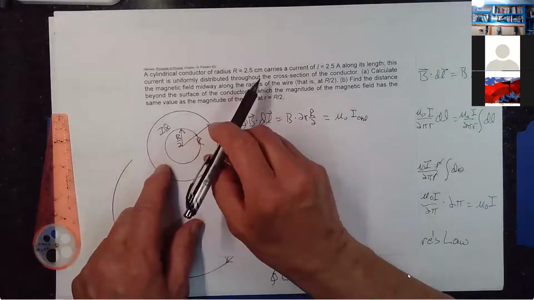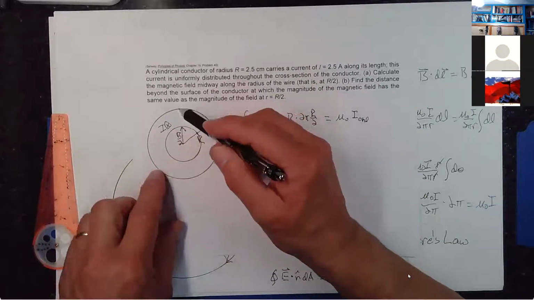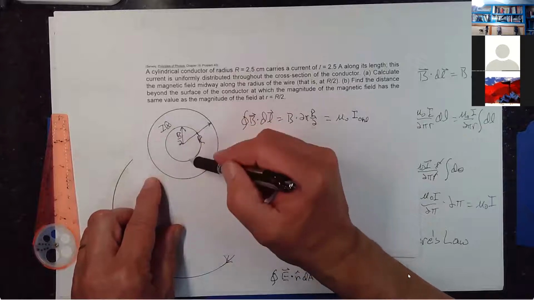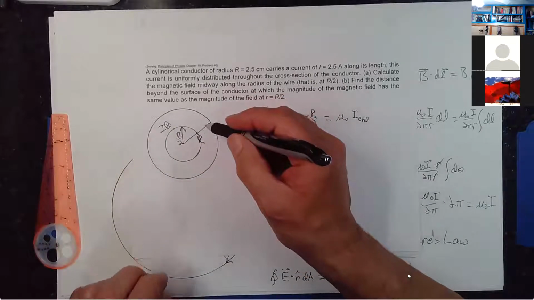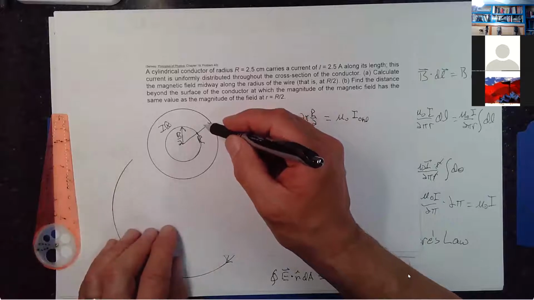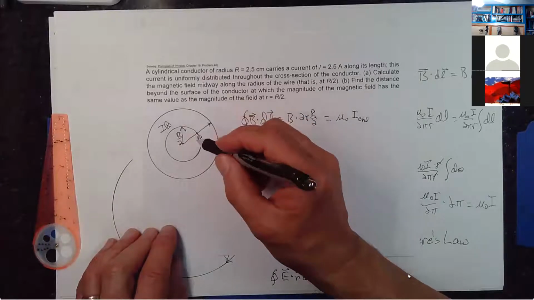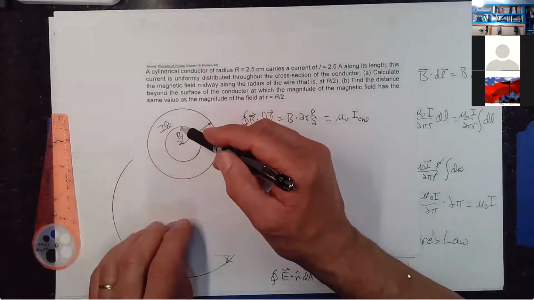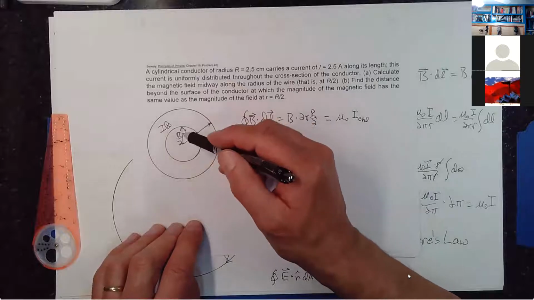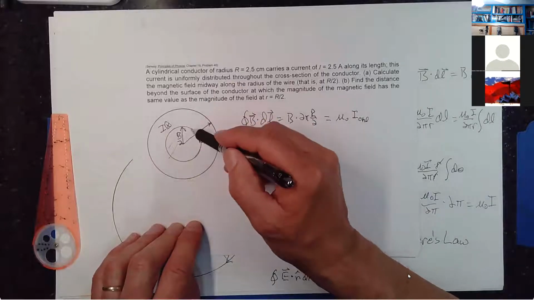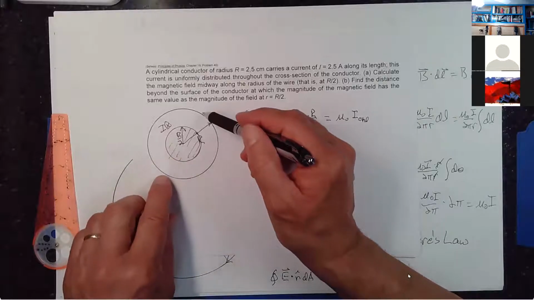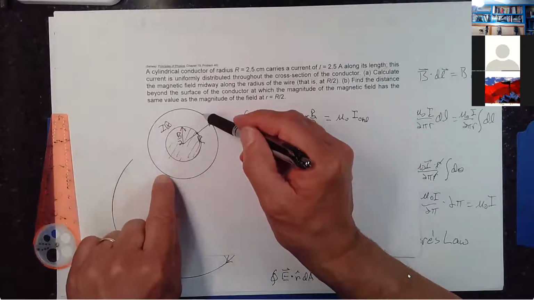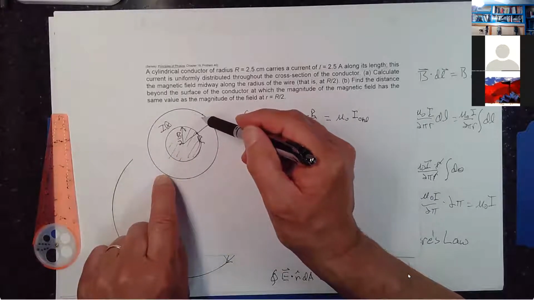Since there's 2.5 amps of current evenly distributed across here, there's a term we call the current density, which is current divided by area, and that's how much current is actually going through some area. But in this case, I can think, okay, this little circle is going to be some fraction of the total area of the wire, and it will have that fraction of the current flowing through it.